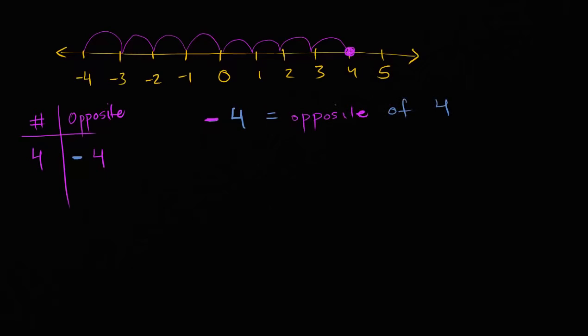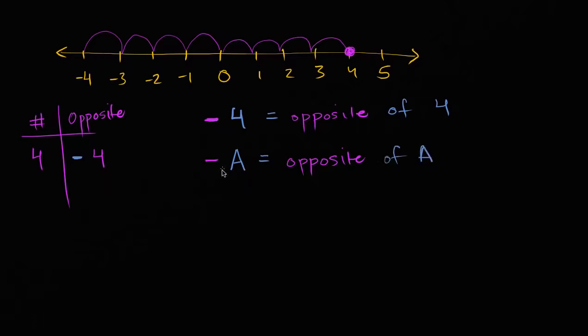If you were to say negative, instead of saying a specific number, let's just say a letter that could represent a number. So if I said negative a, that means the opposite of the number a. That means the opposite of a.